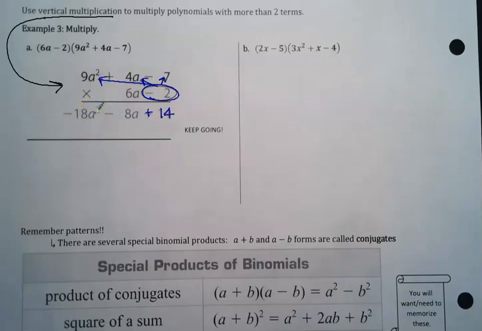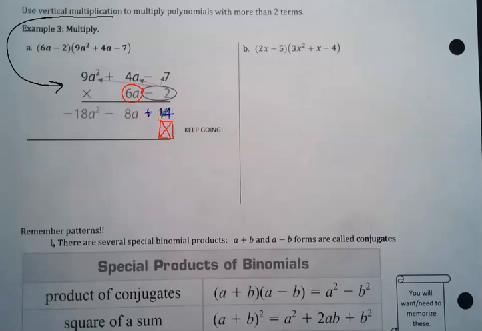Just like your typical vertical multiplication, we have to keep going. This time we're going to pick up our 6a and multiply it by each of the terms. Now, remember, since we've moved over, you can put a 0 in this space, or an x for a placeholder, whatever you need. Maybe I'll put a box around it and an x so you know it's not the variable x.